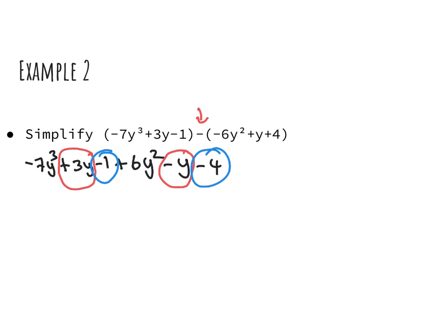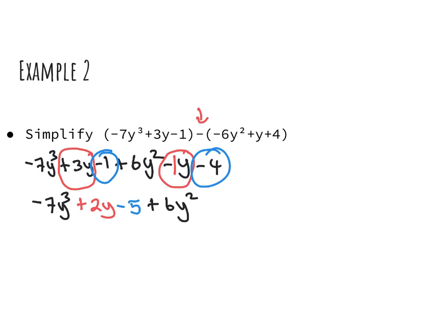So I put a 1 in front of that y. Okay, so simplifying this, we have negative 7y cubed plus 3y, take away 1y. That's going to give us plus 2y. Negative 1, take away 4, that's negative 5. And I'm going to bring down the 6y to the second.